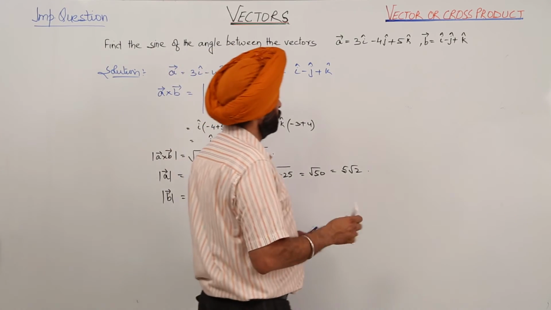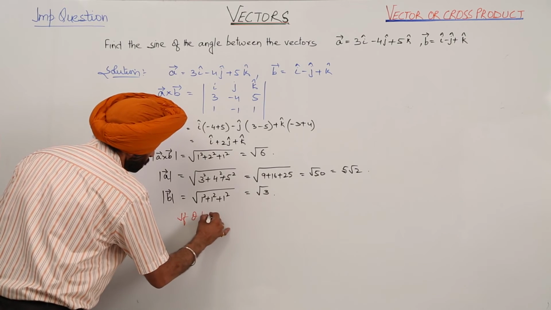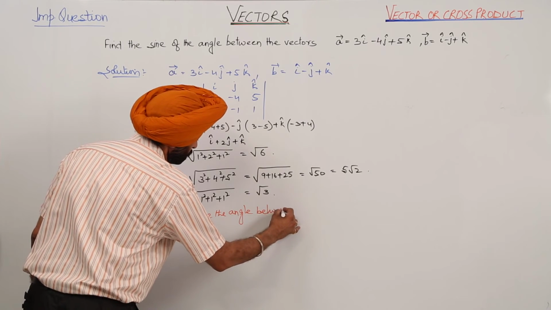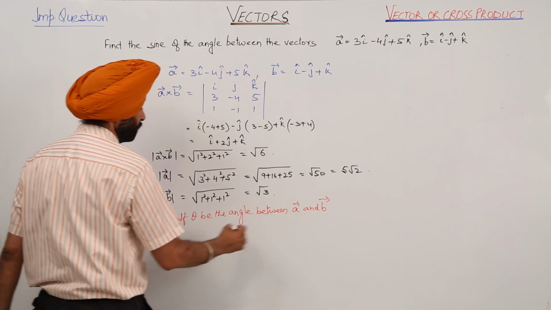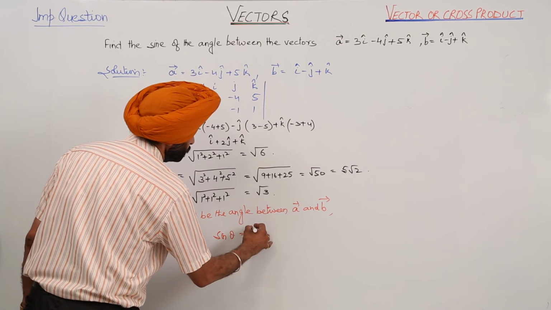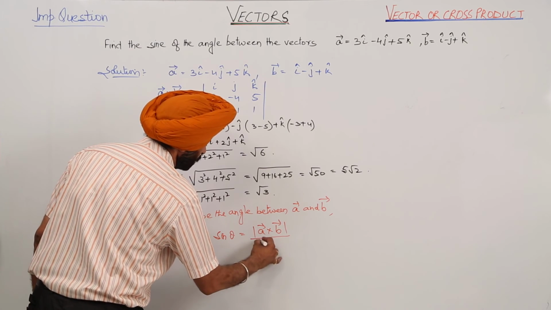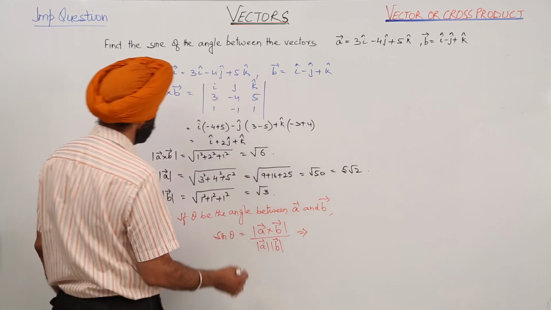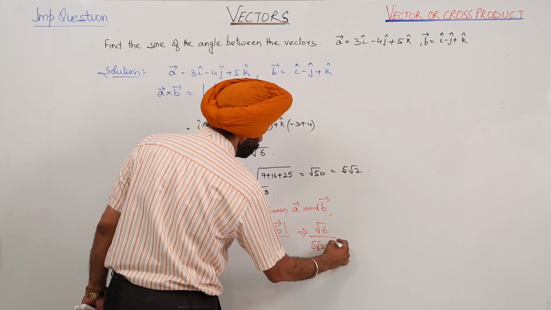Now, if theta be the angle between vector A and vector B, then sin theta is equal to the magnitude of vector A cross vector B upon magnitude of vector A times magnitude of vector B. Now, this implies root 6 upon 5 root 2 times root 3.